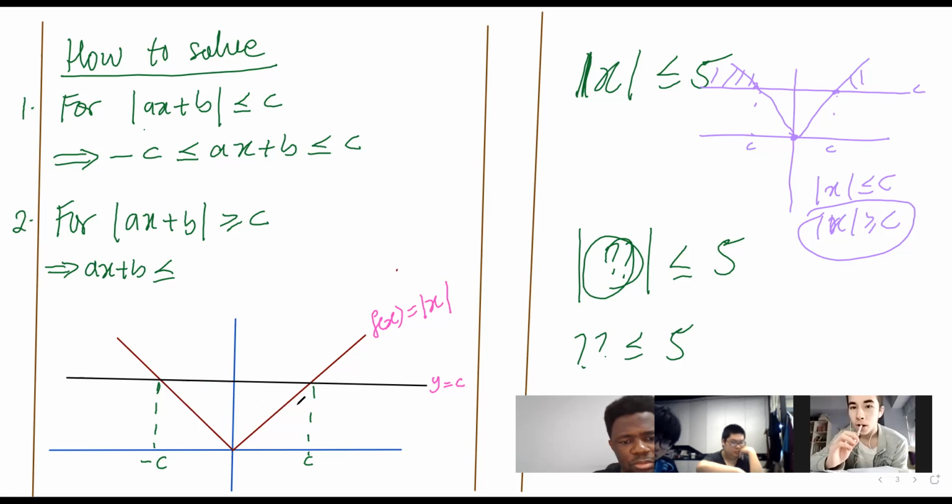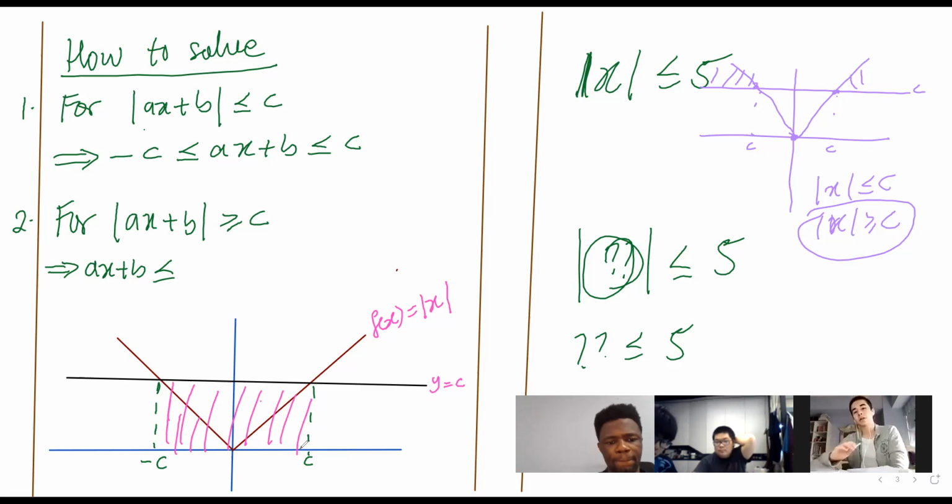Region where the line is less than. So we're talking about from here to here. Do you agree? Should I shade everything from the line? It's just from this region to this region. When the graph is less than or equal to, it means the point where it is below. So maybe I don't need to shade. It is below here, from here to here.